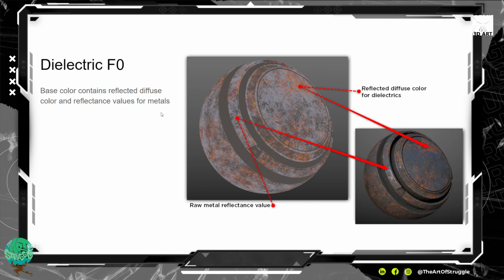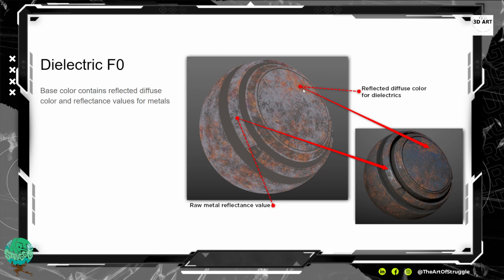So, dielectric F0. Base color contains reflected diffuse color and reflectance values for metals. So in here, we're going to add in the color and the values of the metal. And as you guys can see, it's reflected diffuse color for the dielectric.